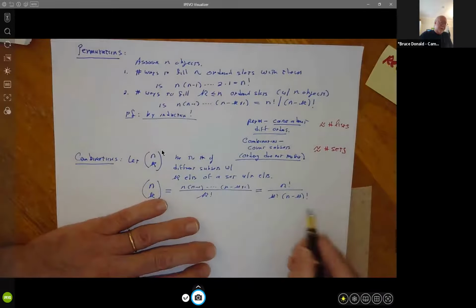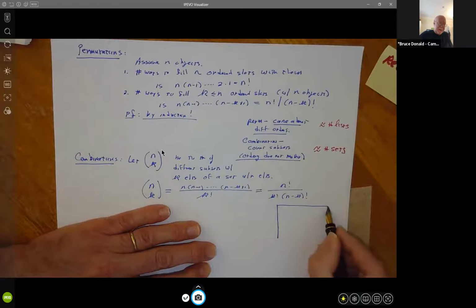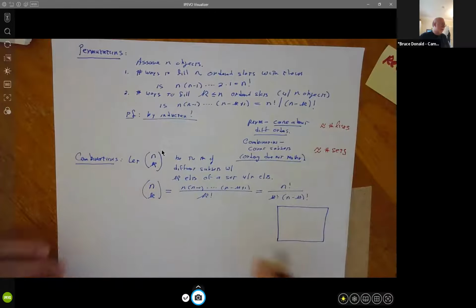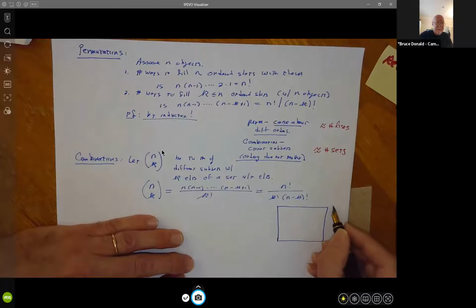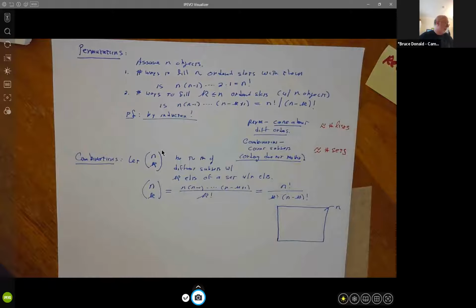So the way we can think about this is as follows. We have a big set here. And by the way, in this case, we're always talking about finite discrete sets. Very happy place for discrete mathematics and discrete mathematicians. So we have this big set of things. This big set has n different elements in it.